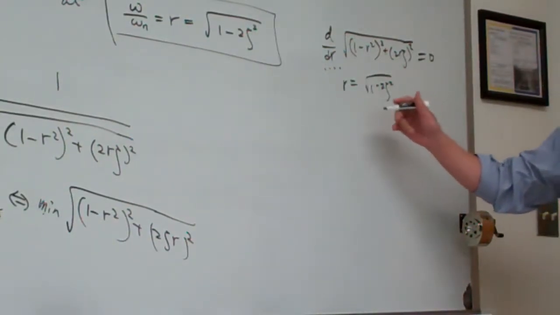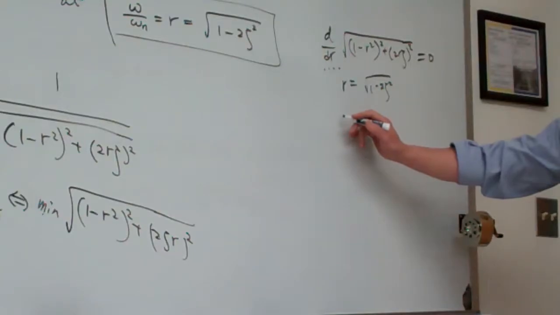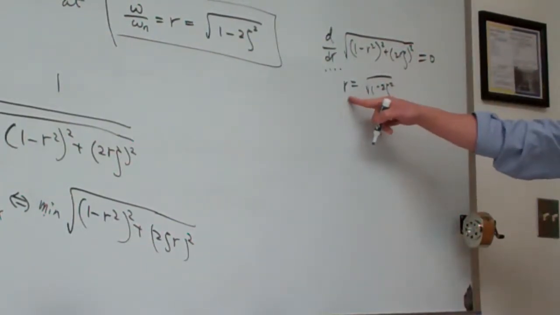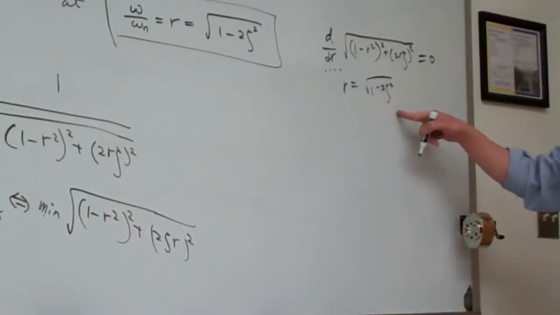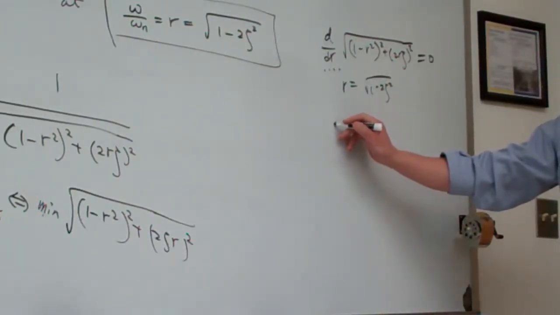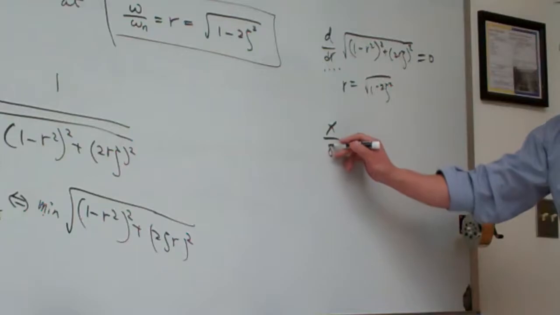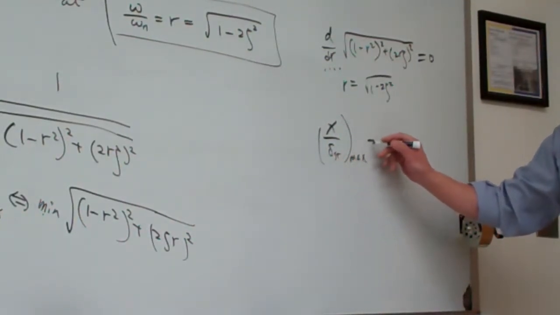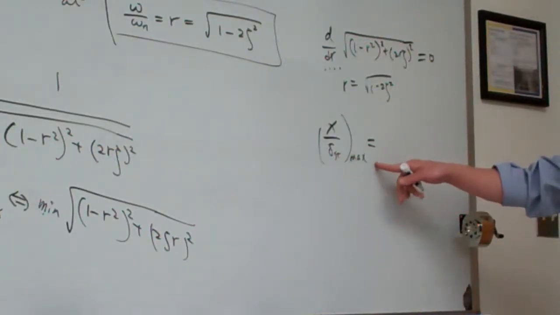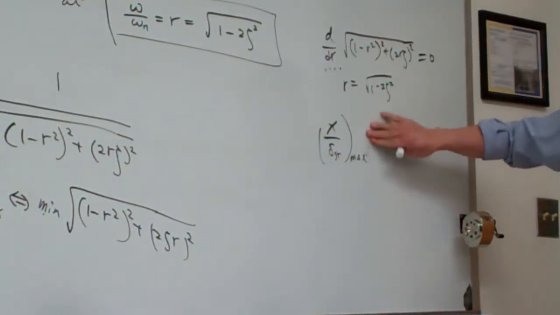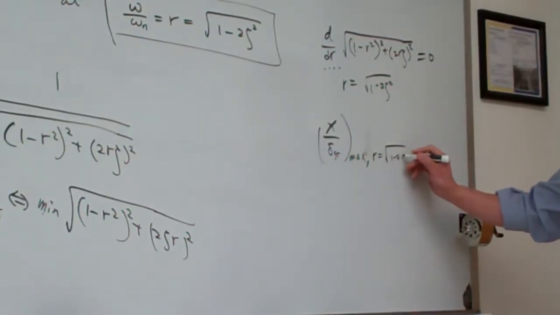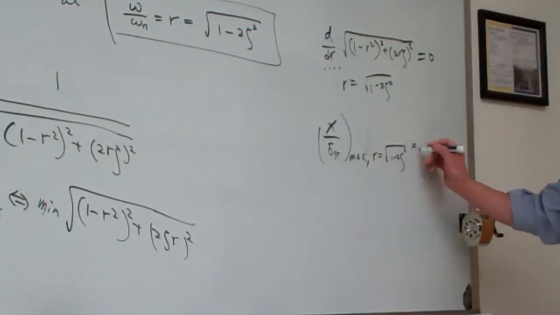So for this case, now we have r star, the minimum happens at this value. That means we can determine the maximum value, which happens at this value here.